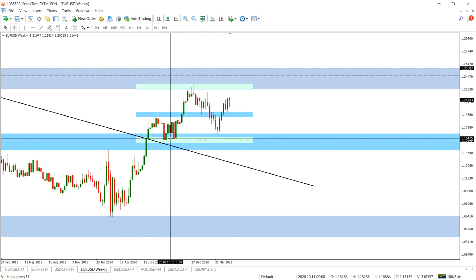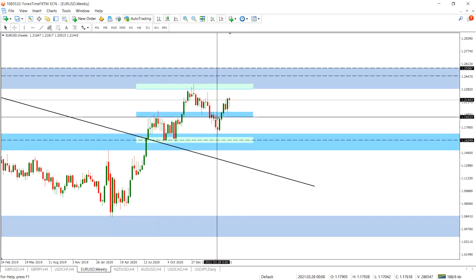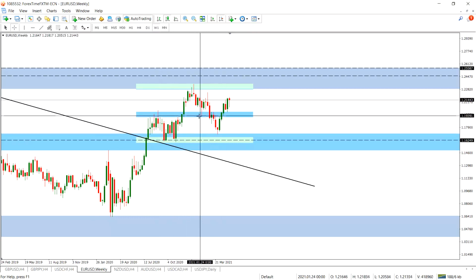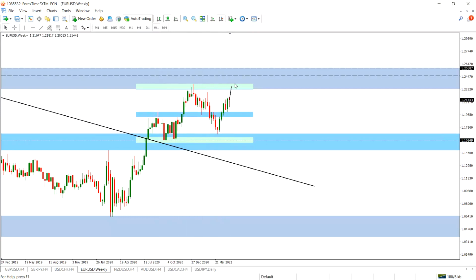We can see price bounce off this level, bounce above this level, a previous area of resistance which was broken. There was a lot of reaction around this level, and price broke it back, gave us a retest around this level, and price is pushing. So ideally, what are we expecting this week? We're expecting a further push to the upside, and this is definitely what we're going to be looking at this week.